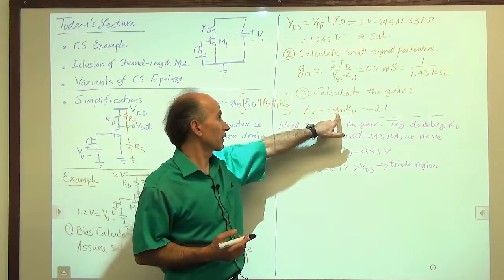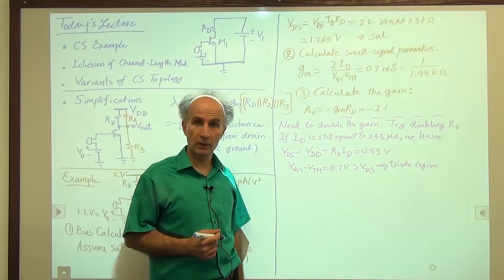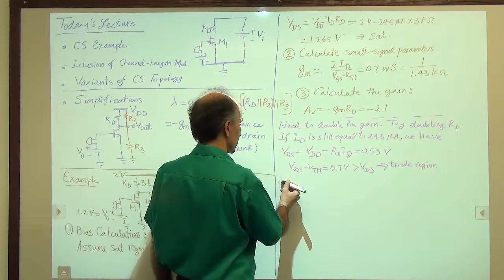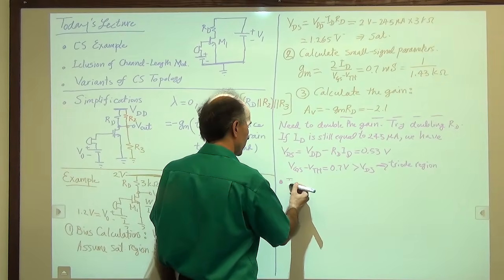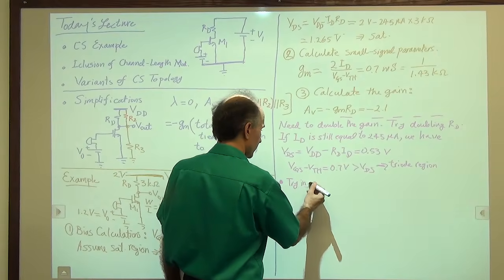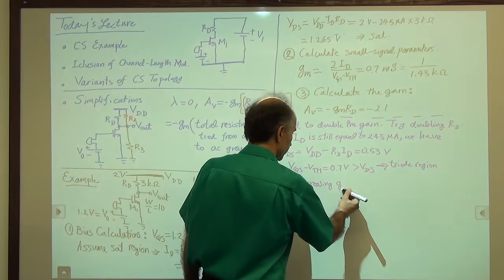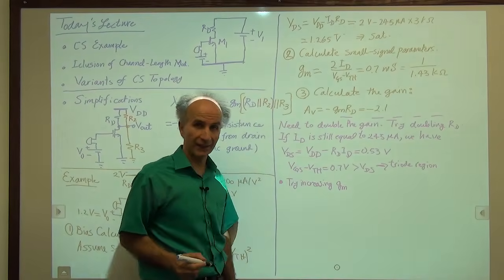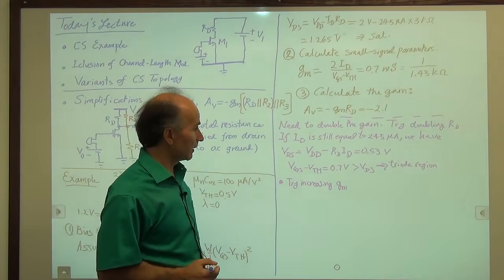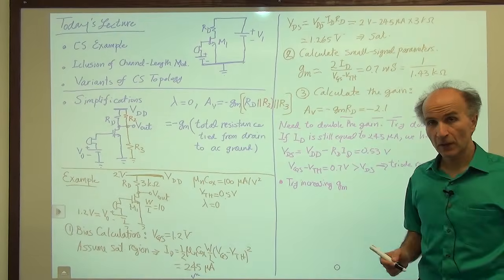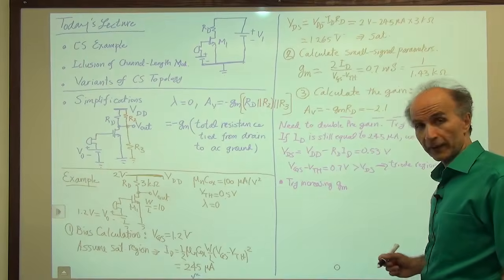Now you say, well, why don't we increase gm? Not RD, just gm. Okay, so let's try that. So try increasing gm in order to increase the gain. Well, gm has 3 expressions. I will write one of the expressions, which is quite helpful in this case to show you what happens.